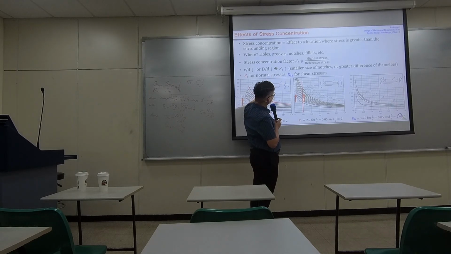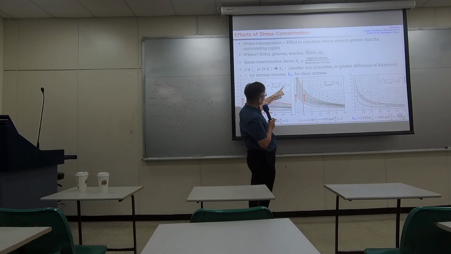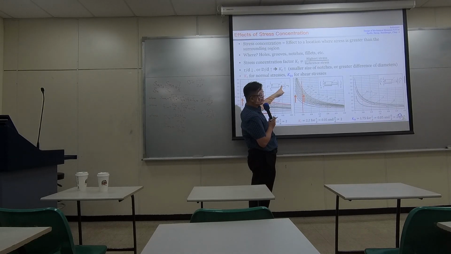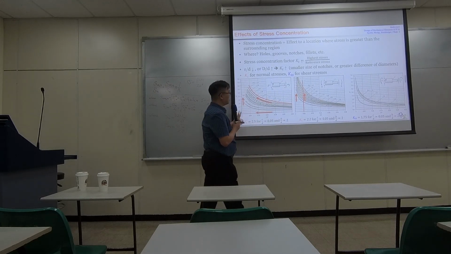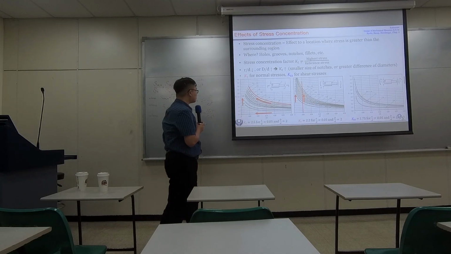So in this particular case, the greatest stress was originally at this position where we have the smaller diameter, but the stress at the corner is going to be K times the stress right here. How do you compute K? This table tells you.